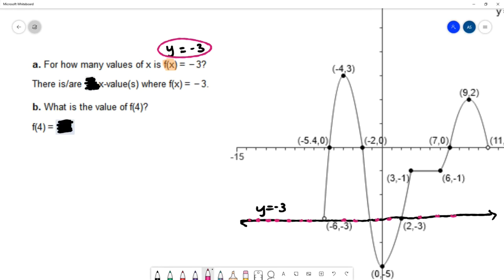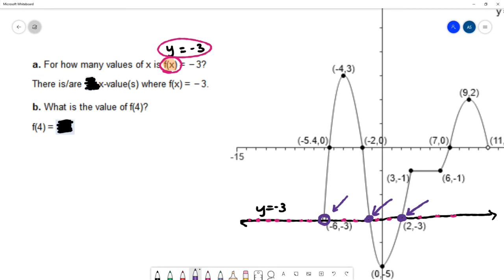We only want the ones that are on this graph, so we can focus on the intersection points. We have an intersection point here, we have one here, and it looks like we might have one here, but you can see it's drawn with an open circle.